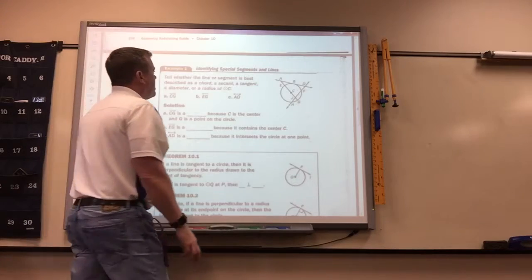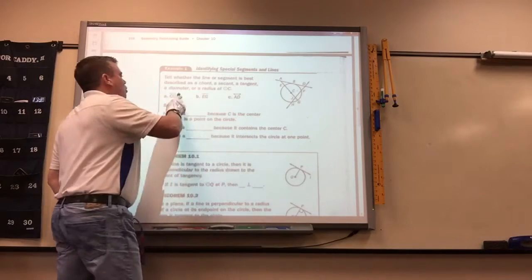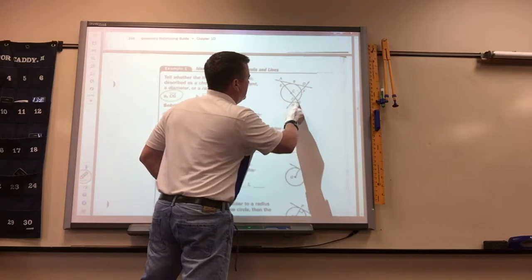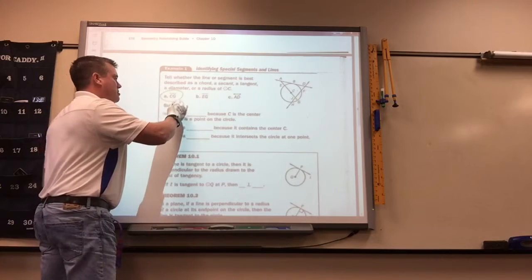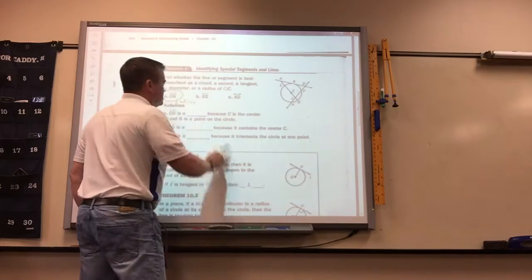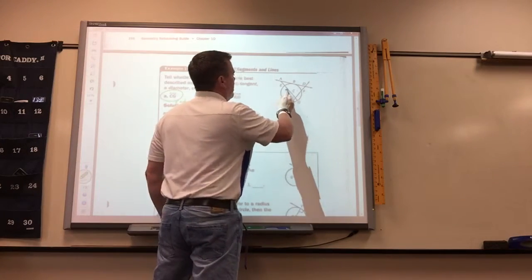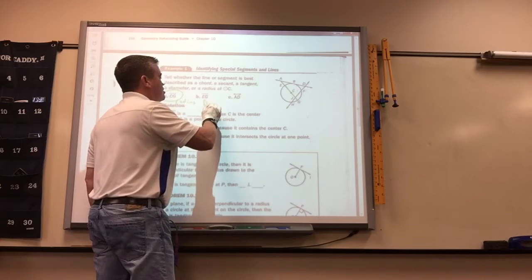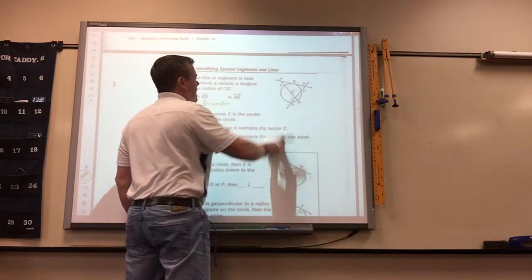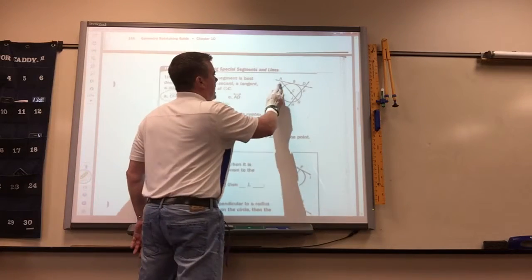So, what would best describe segment CG? Radius, easy one. Segment EG, diameter. It is also a chord, but diameter best describes it. And then the line AD.